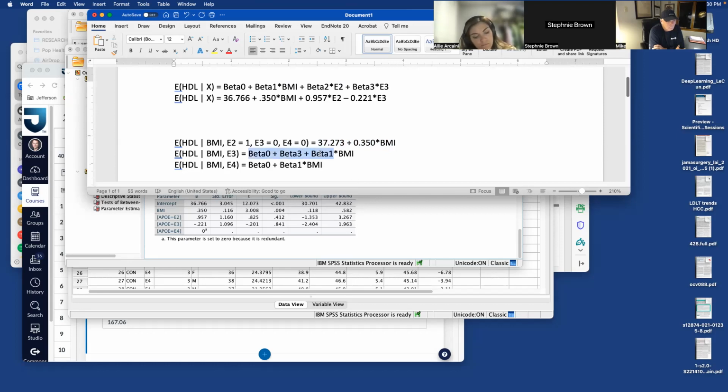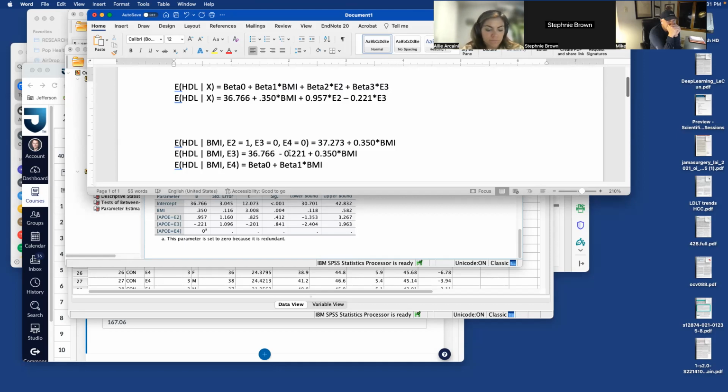We then do the same thing for group E3 by just using that coefficient. So now the intercept comes down. Beta 3 comes down, but that's negative 0.221. And then again, we always have at the end 0.350.